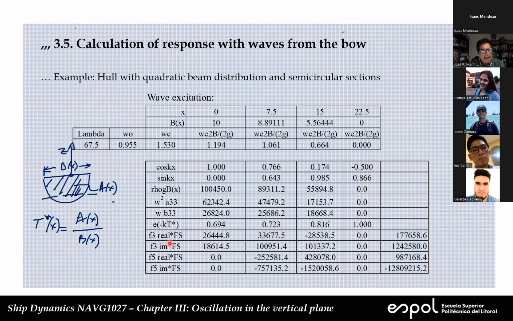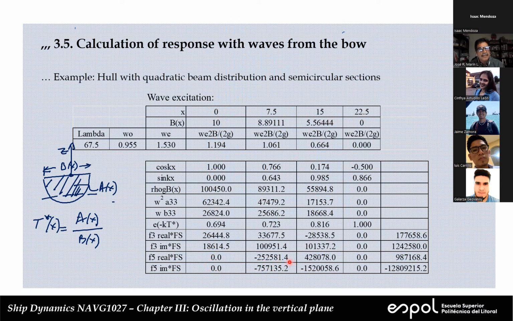Now I have to combine all the real terms for F3 and all the imaginary terms for F3. And for F5, remember that we need an arm, so we need to consider the position of every section. In this case, X is 0, that's why these two values are 0.